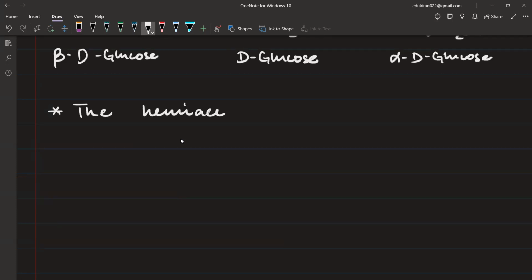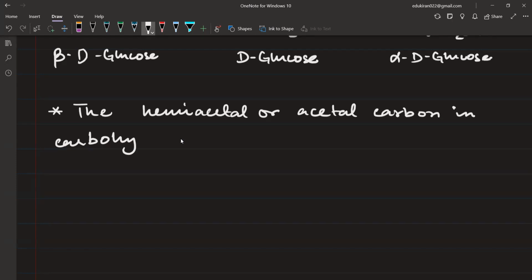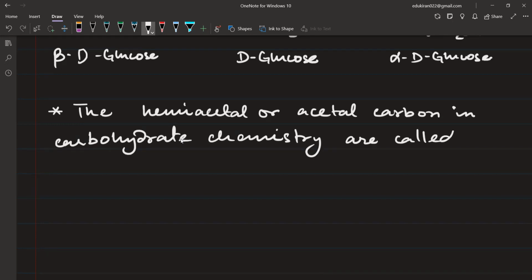The hemiacetal or acetal carbon in carbohydrate chemistry are called anomeric carbon.